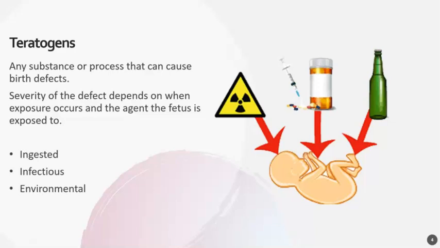So with that, aspartame breaks down into phenylalanine, which does cross the placental barrier. A couple other things that make the list are going to be rubella, obesity, oral anticoagulants, STIs, and then smoking.